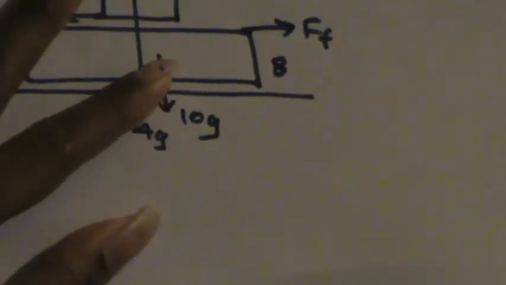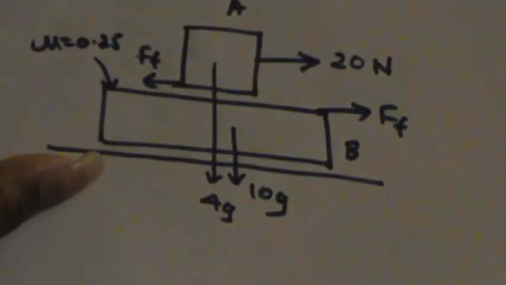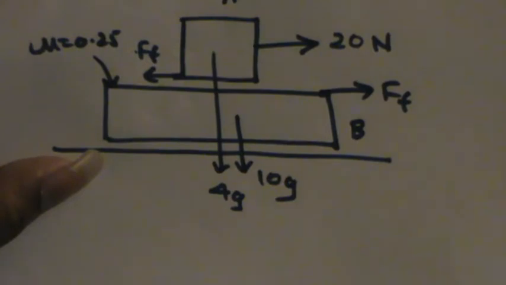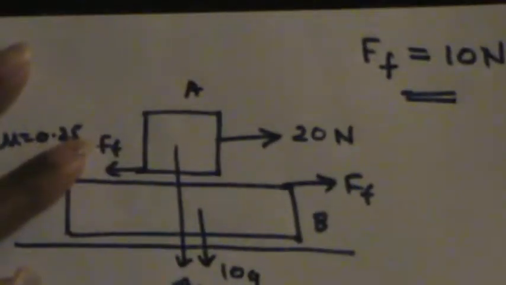I'll take the value of mu as the same, 0.25. And we found the value of FF as 10 newtons. So we found FF as 10 newtons.